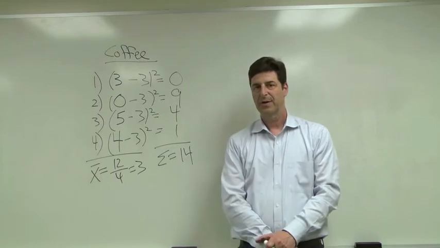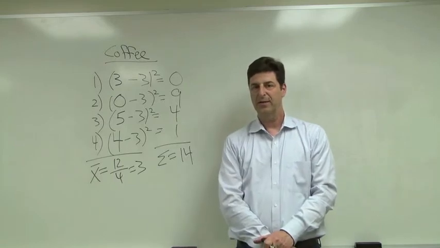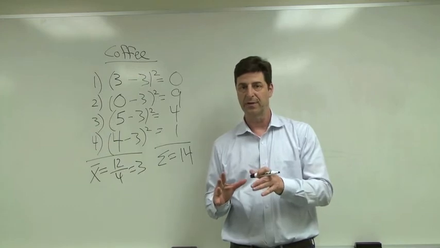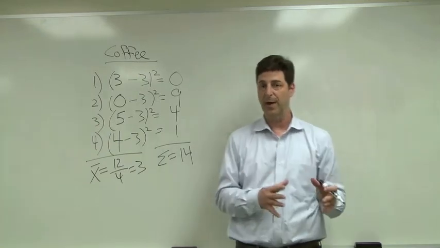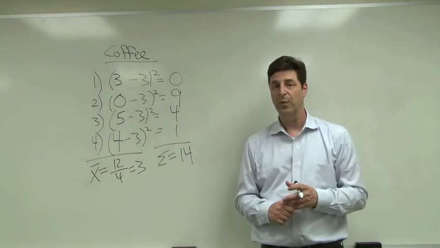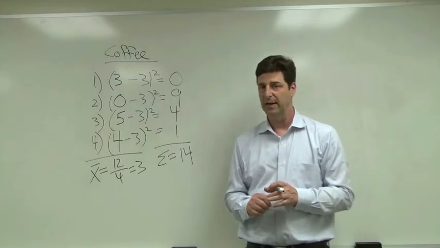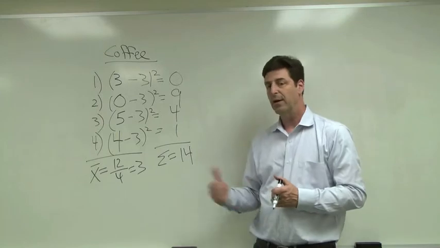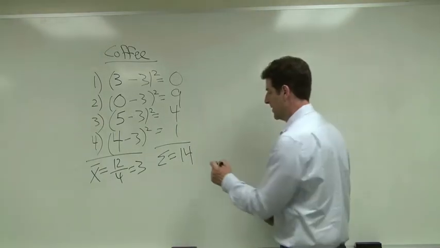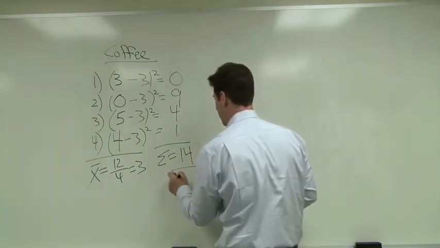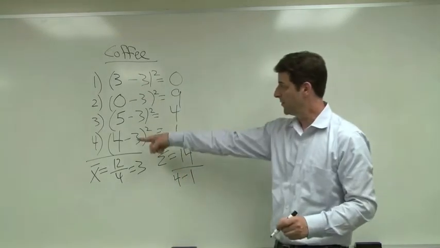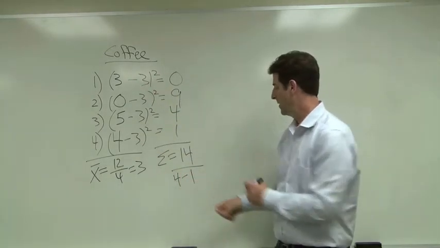The next step is to divide that by n if you're doing the standard deviation for a population, or n minus 1 if you are calculating the standard deviation estimate for a sample. We are going to treat this as a sample, so we're going to divide that by the number of cases minus 1.